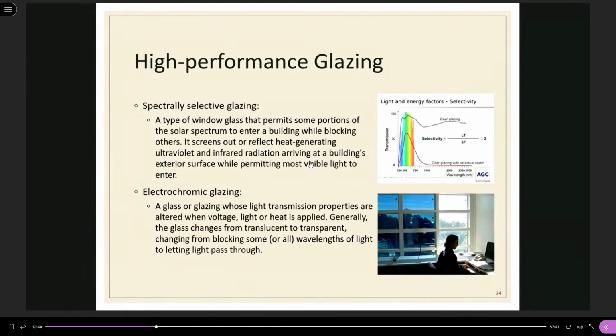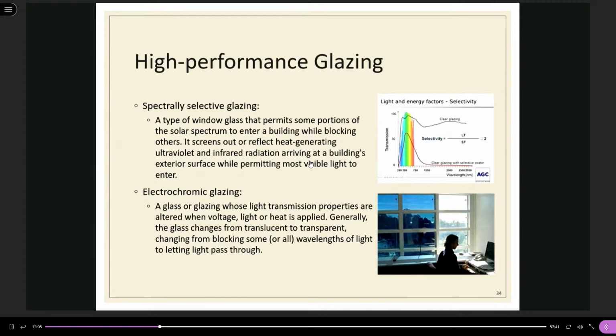So we want to transmit the visible spectrum, but block the infrared and the ultraviolet light. It screens out or reflects the heat-generating ultraviolet and infrared radiation arriving at the building's exterior surface while permitting most visible light to enter.